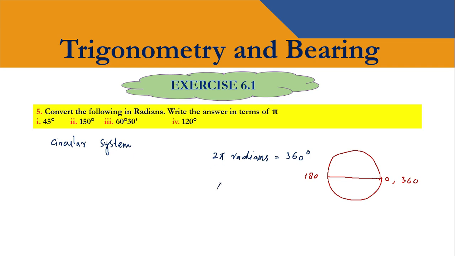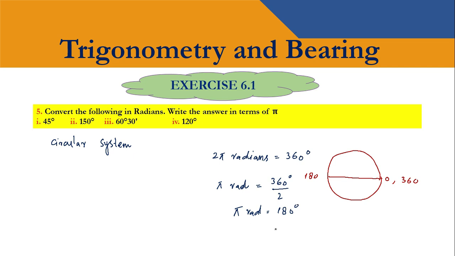So it means that pi radians is equal to 360 degrees divided by 2. So pi radians is equal to 180 degrees.